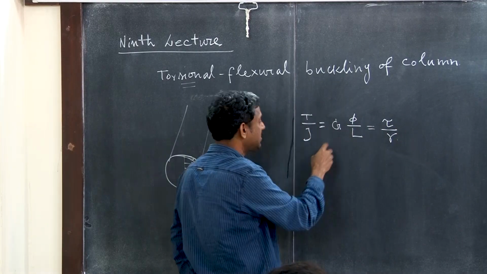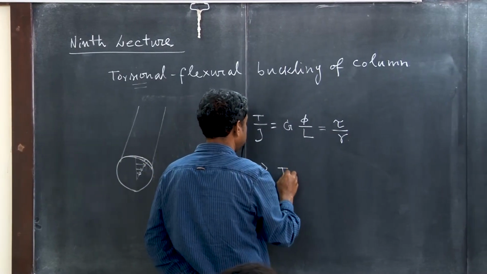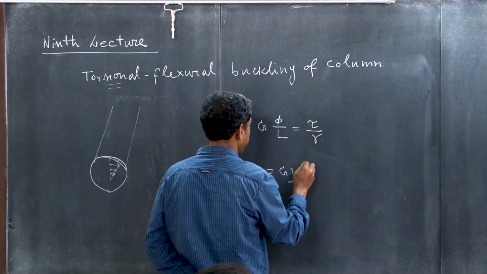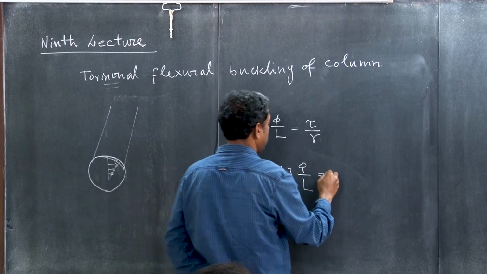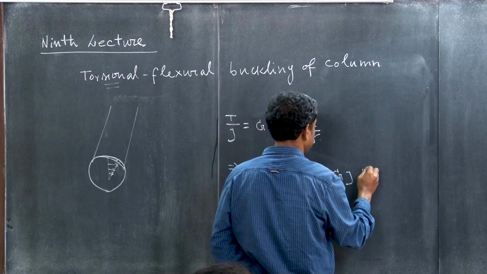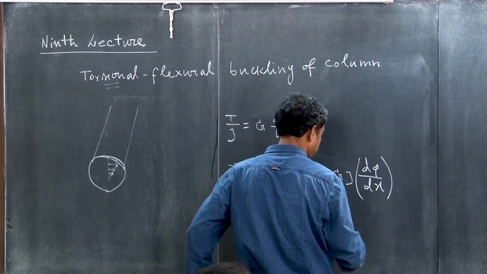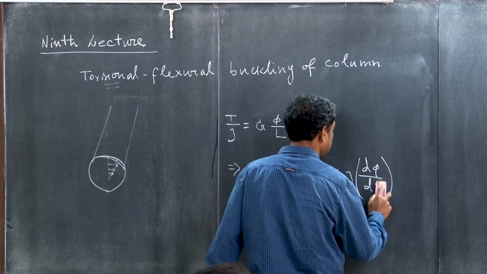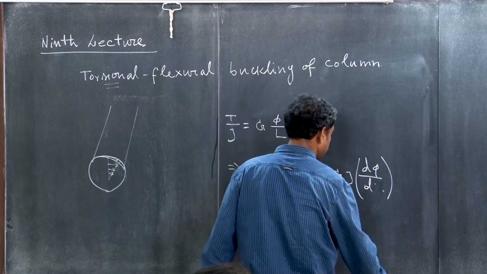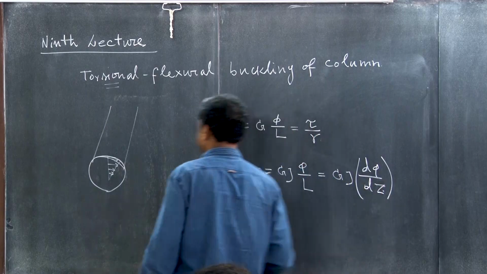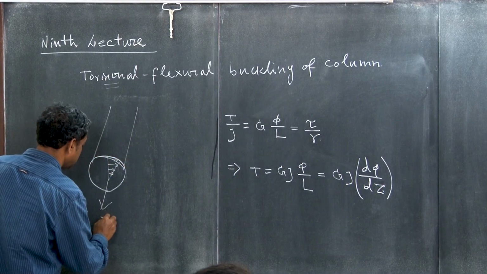So T is nothing but G J phi by L, and we can write it in terms of d phi upon dz, if we consider the longitudinal direction to be aligned with the z axis.